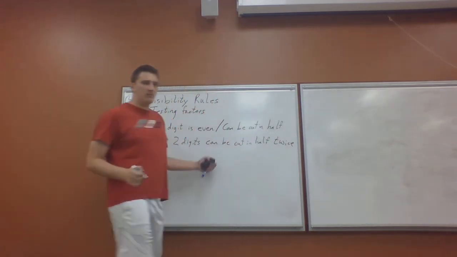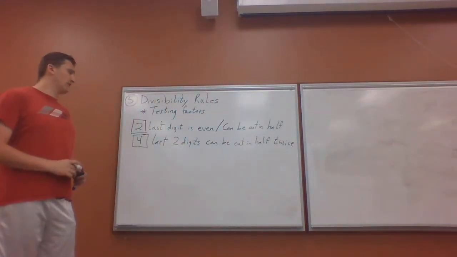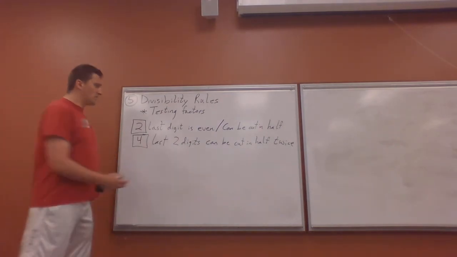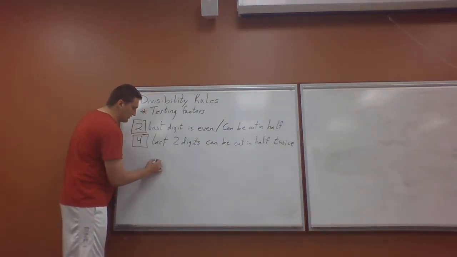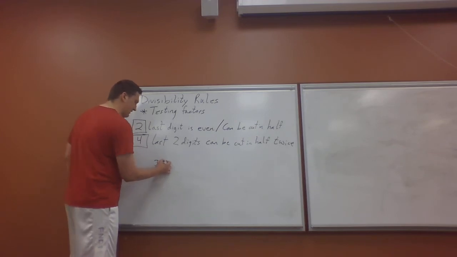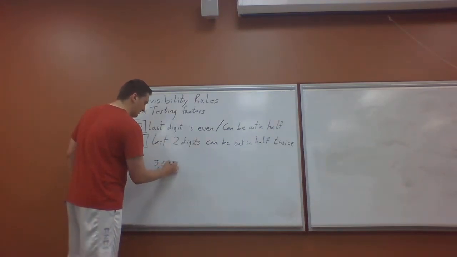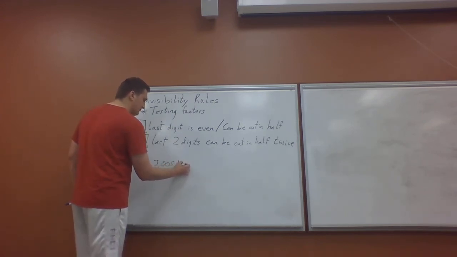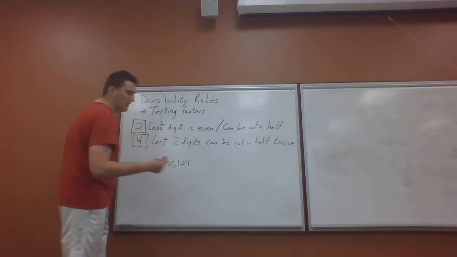Now, where would we come up with such a crazy rule like that, where the last 2 digits can be cut in half twice? Well, what are the last 2 digits on any number? If I took a weird number like 3 million again, let's say I'll just skip to the part here. So I have 124.